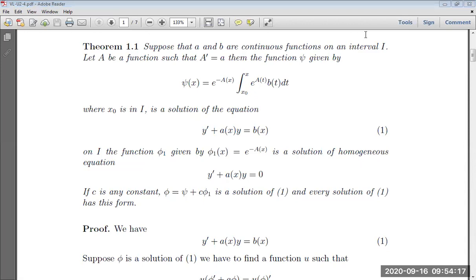Vishal. Yes, sir. If you have any question regarding the proof of this theorem, you may ask. If you have some steps which are not understood by you in the proof of this theorem, I will explain. Prasad. No, sir.